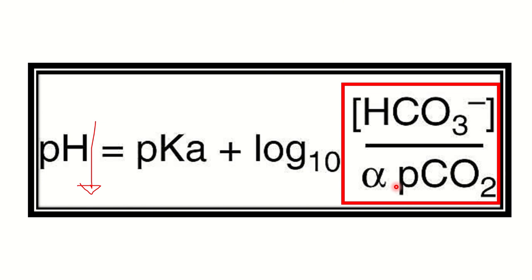That means in any cause responsible for changing pH due to a respiratory cause, the partial pressure of carbon dioxide is the first priority and it is responsible. Then the bicarbonate ion level is directly responsible for the metabolic cause. So these two things are very important, and we have to remember very carefully that the partial pressure of carbon dioxide is related to a respiratory cause, and bicarbonate is directly related to the metabolic cause.